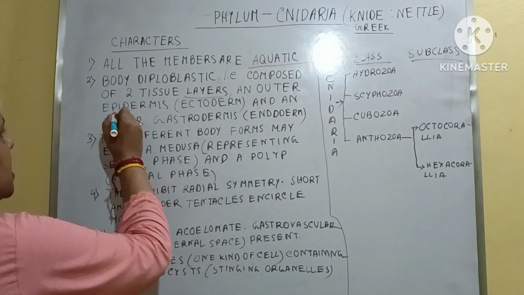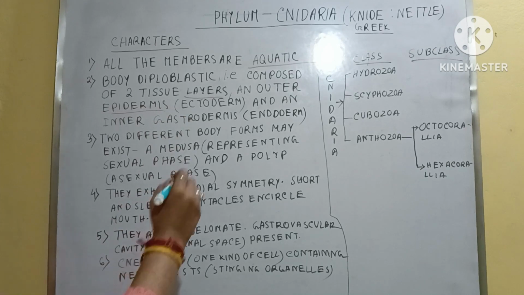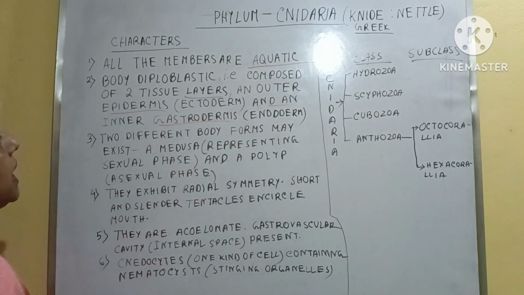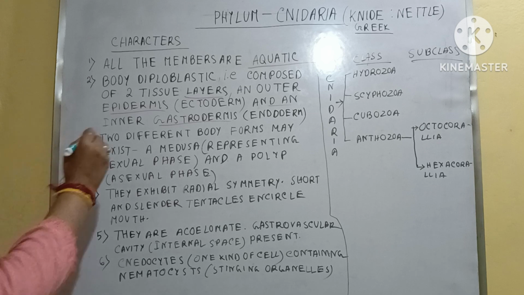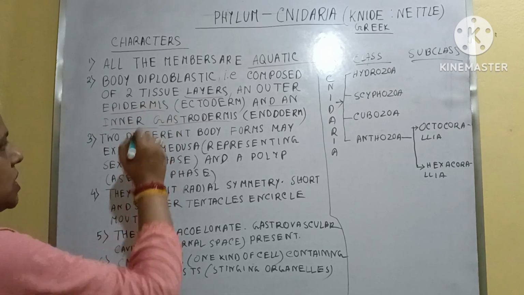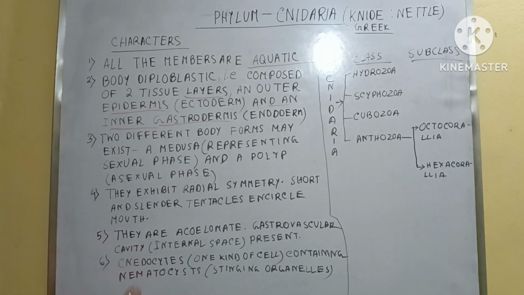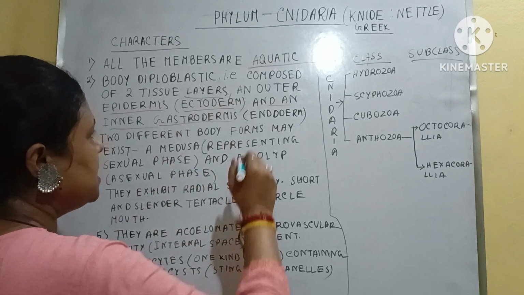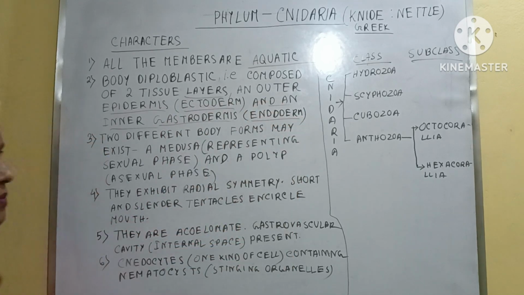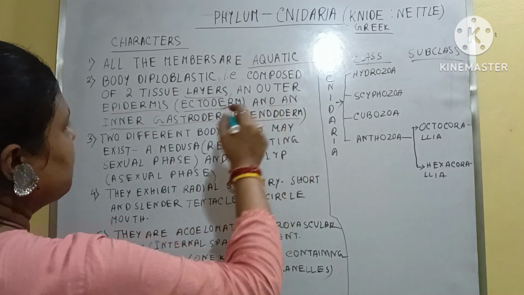One is the outer epidermis and another is the inner gastrodermis. The outer layer is known as the ectoderm and the inner layer as the endoderm. So here we can see the two tissue layers.